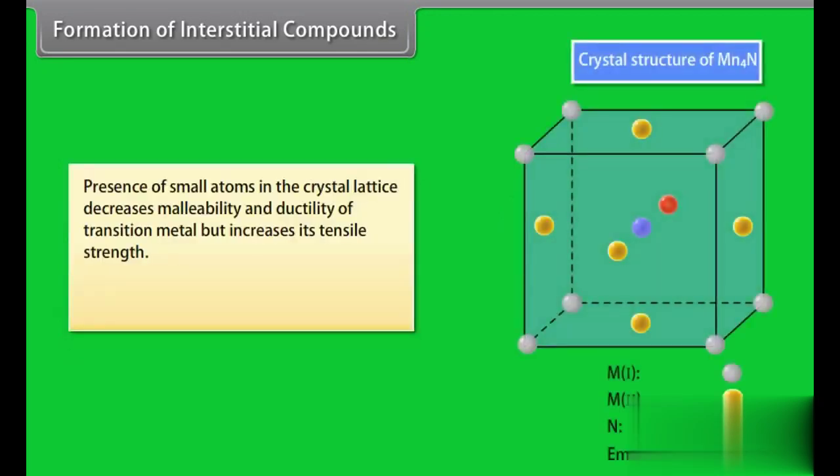The presence of small atoms in the crystal lattice decreases the malleability and ductility of the transition metal but increases its tensile strength. For example, cast iron and steel are hard due to the presence of trapped carbon in the interstitial spaces. They have high melting points and are chemically inert.